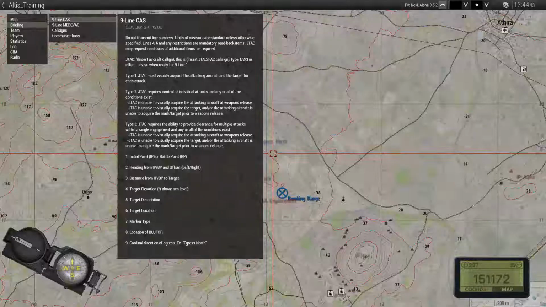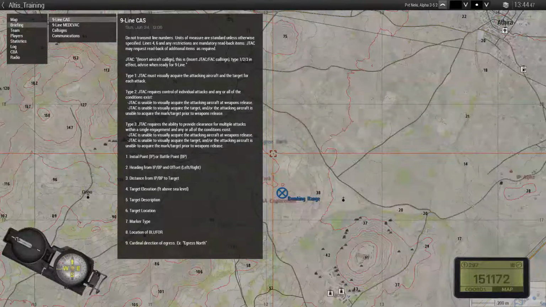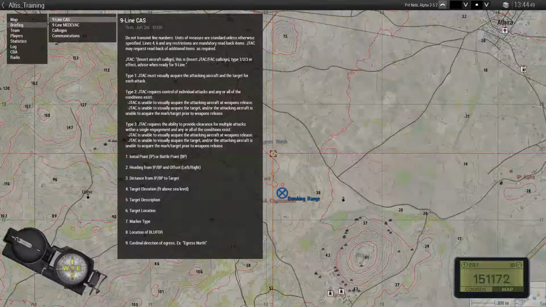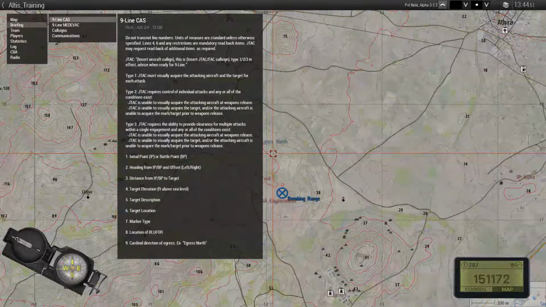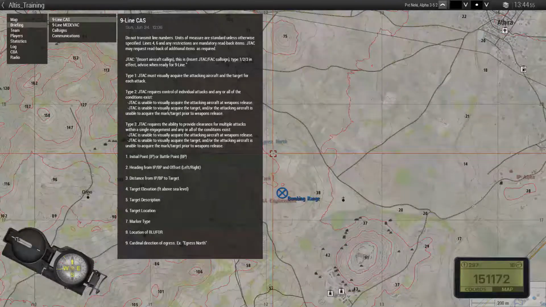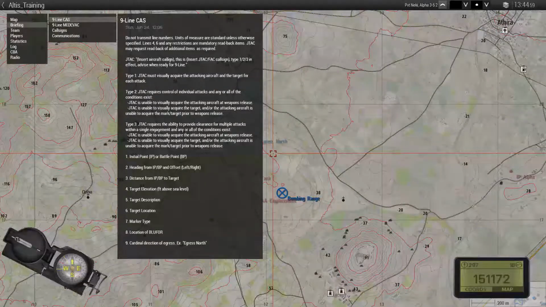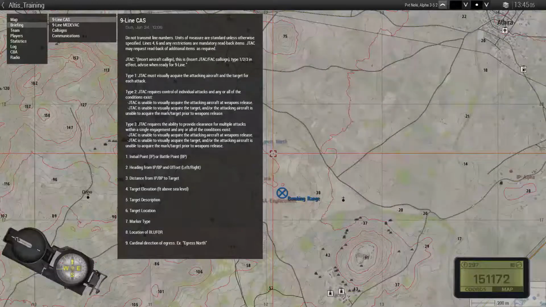Okay, I'll break down all the lines once more so that I can really write it down correctly. Line 1, IP/BP. Yes. Line 2, bearing and range. Yes.